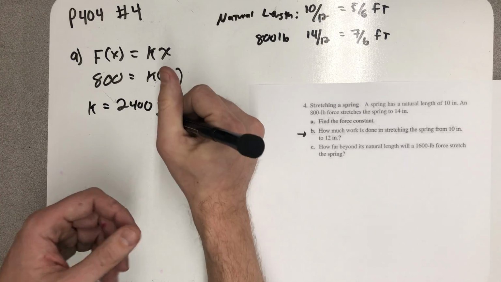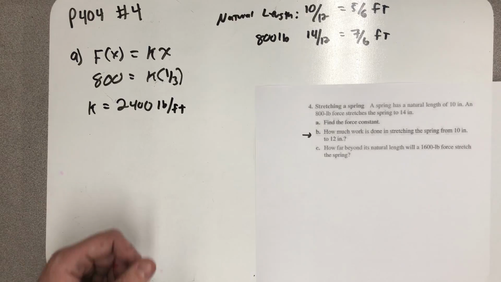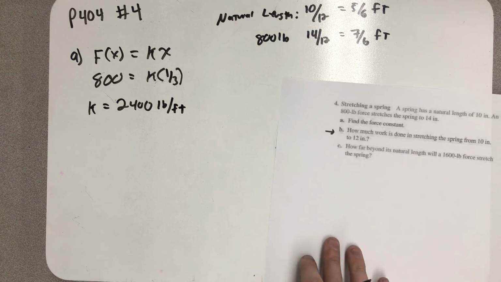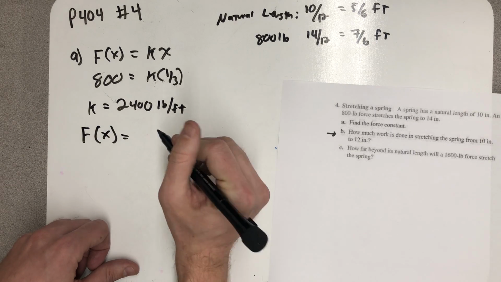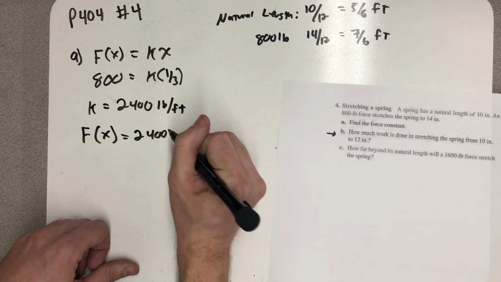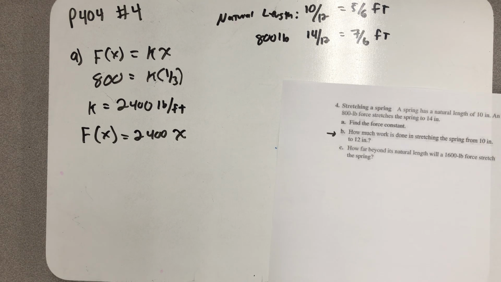And I always like to remember these constants have units, and that's pounds per foot. There's my spring constant, and better than that, I can write down an equation for force. The force is F of X equals 2,400 times the amount I've been stretched or compressed, X.